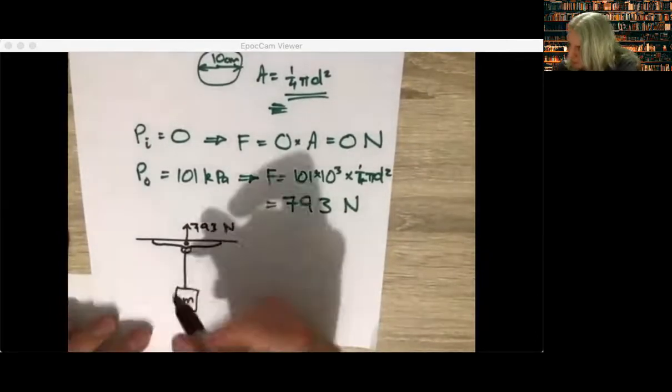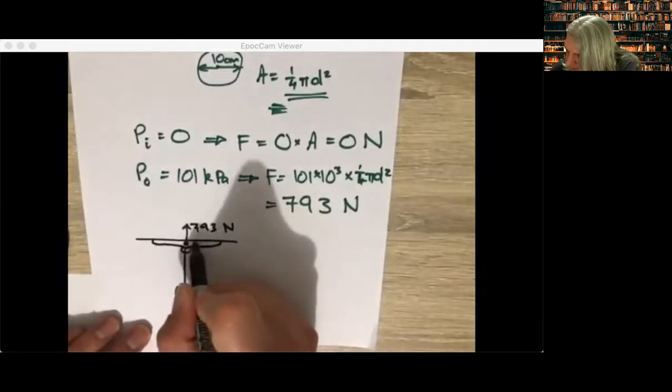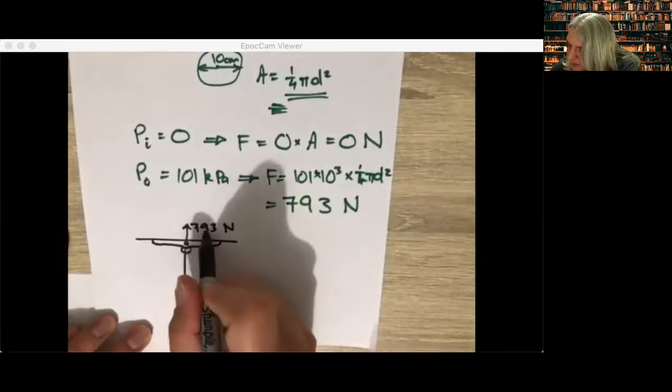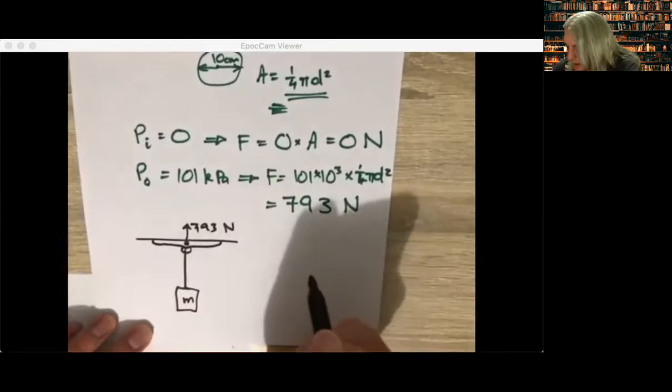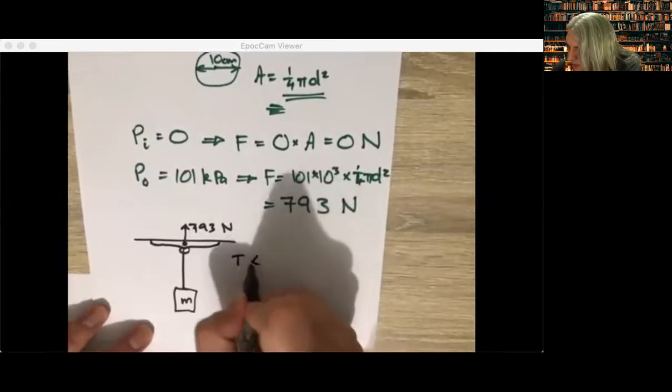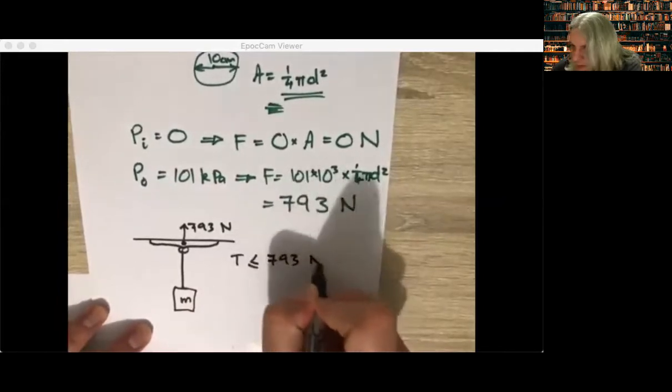Well, in order for this suction cup to stay there, the tension on this string can't be any more than that force upwards from the environment, from the atmosphere. So that means that the tension has to be less than or equal to 793 newtons.